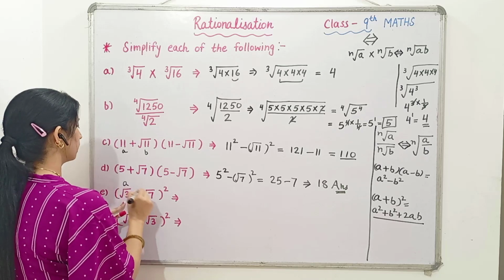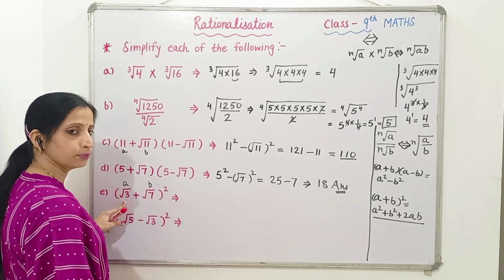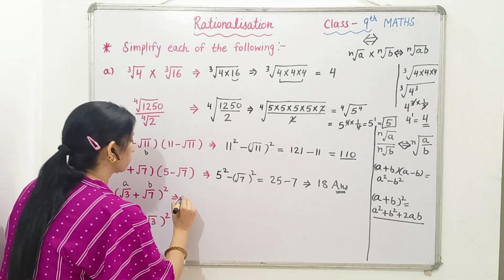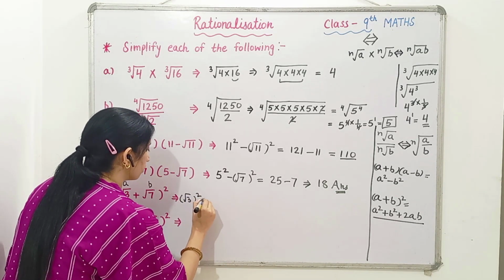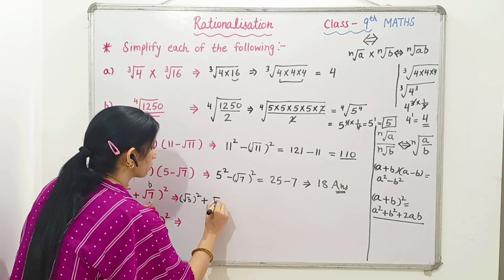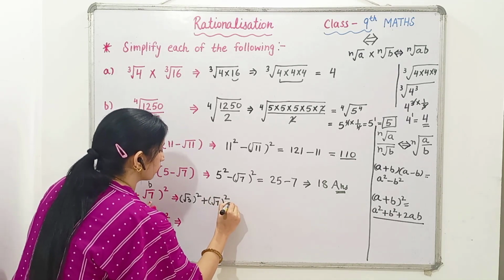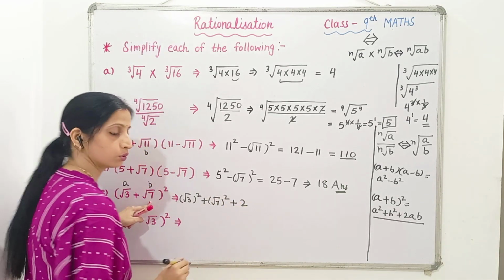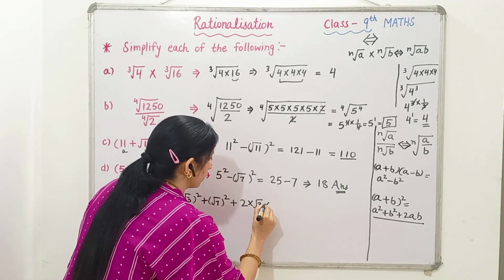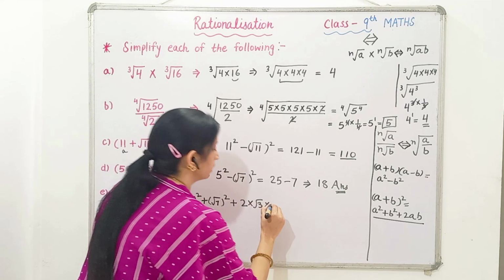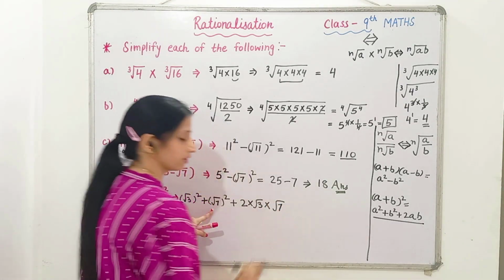Consider root 3 as a and root 7 as b. So a square means root 3 square plus root 7 square plus 2a is this and b is root 7.